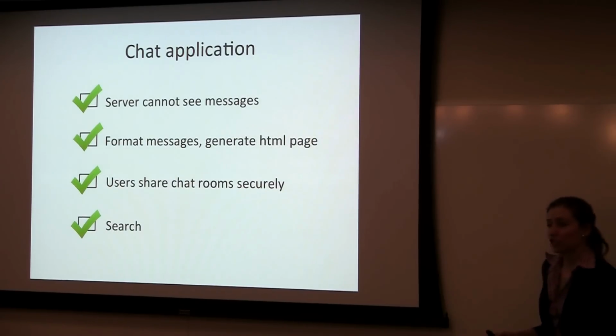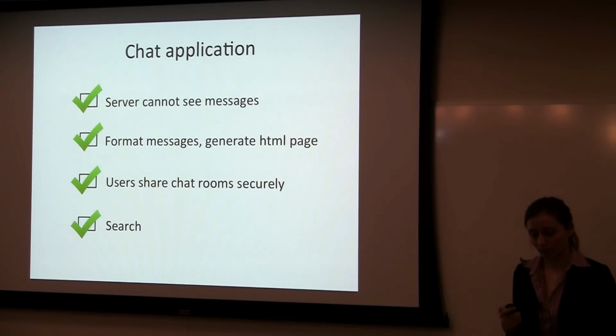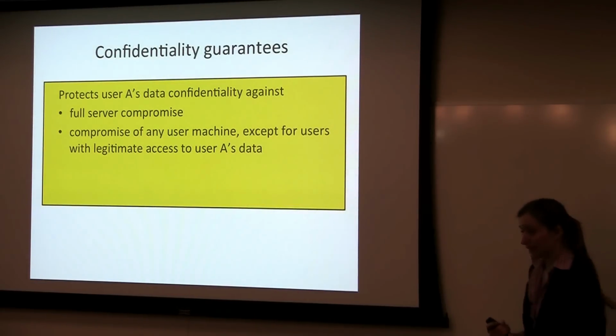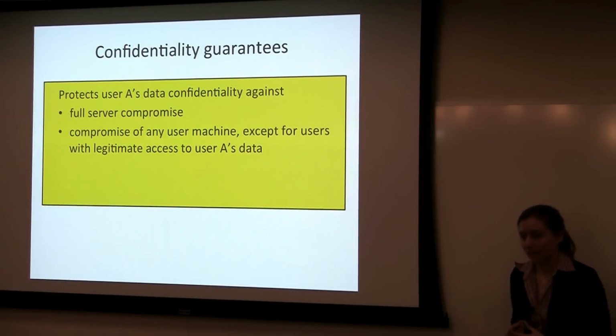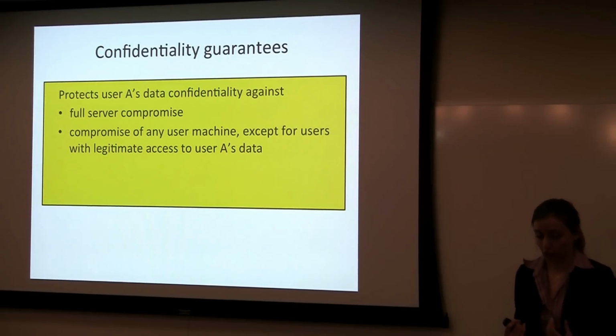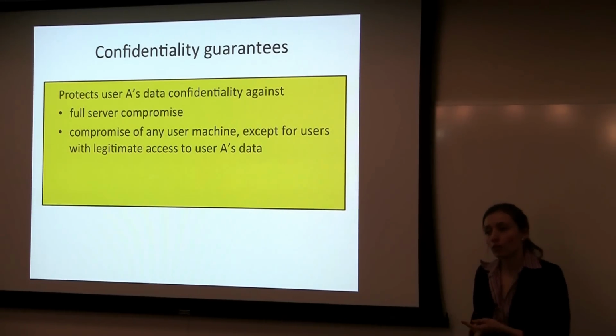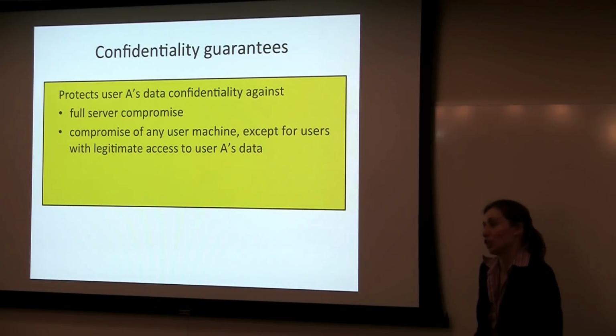So this was the search, and we're basically done. We're able to support the chat application. In terms of confidentiality guarantees, Mylar protects data confidentiality of a user A against full server compromise, and against compromise of other users' machines, as long as she did not purposefully share data with those users.